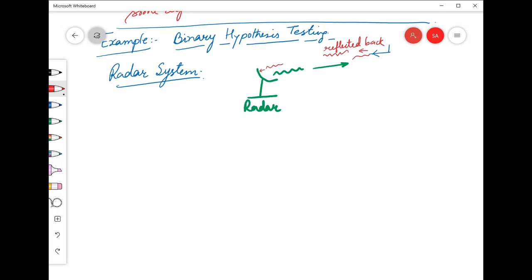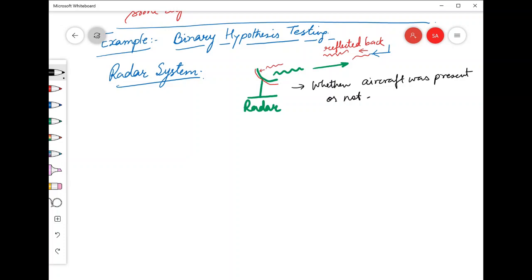Depending on what you have received at the radar, you will decide whether the aircraft was present or not.